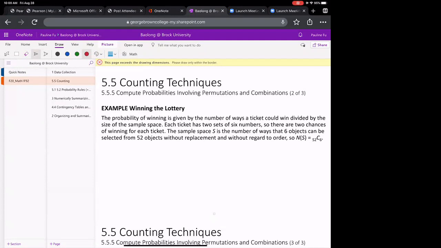The sample space S is the number of ways that 6 objects can be selected from 52 objects without replacement and without regard to order. Because order does not matter, it is a combination, 52C6.